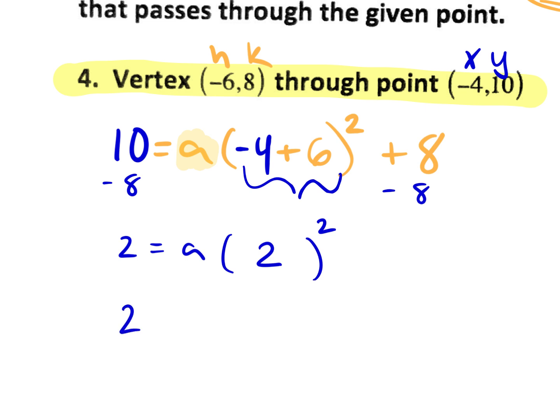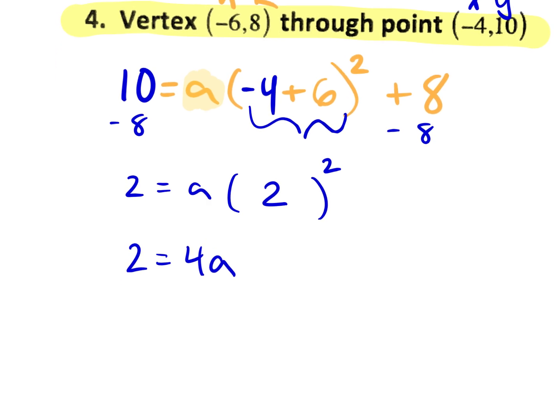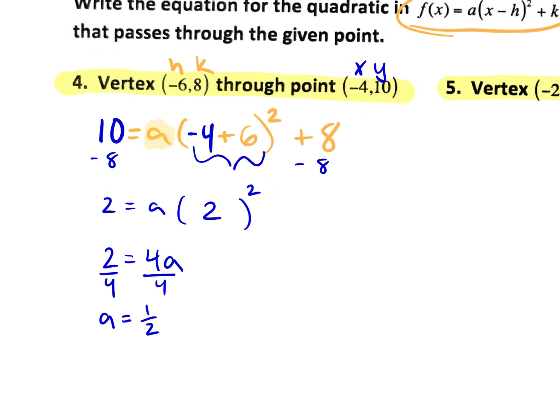And then 2 squared would be 4. So if 2 is equal to 4 times a, what would we do next? Divide by 4. So a is equal to what? 1/2. Awesome.